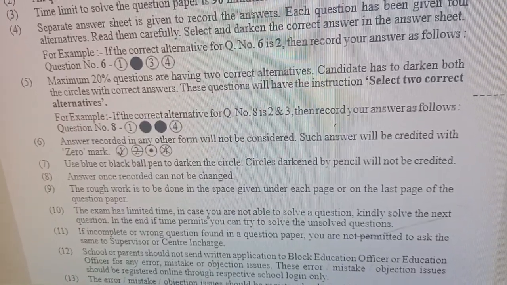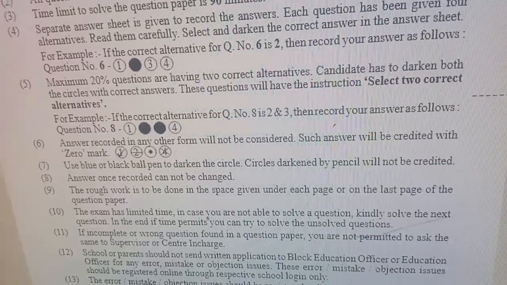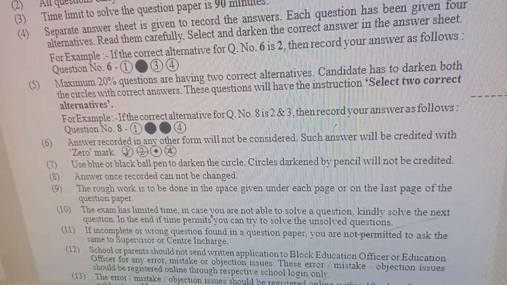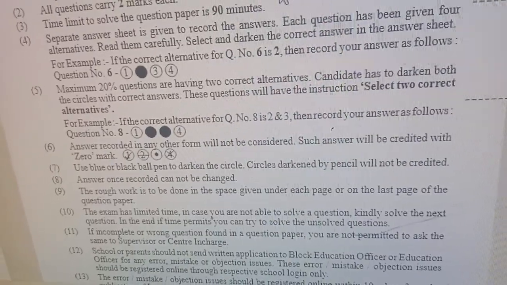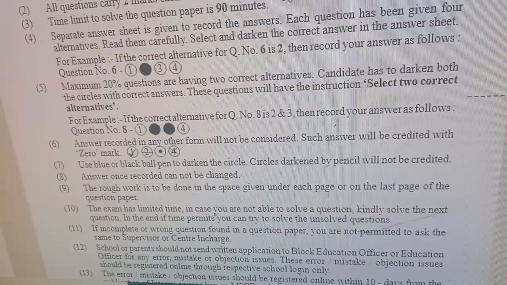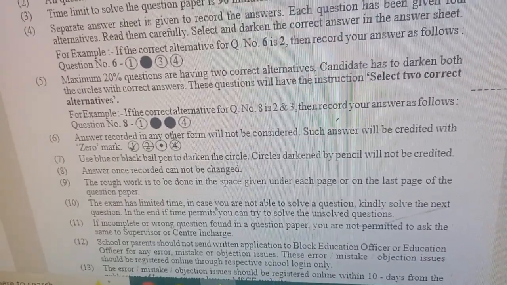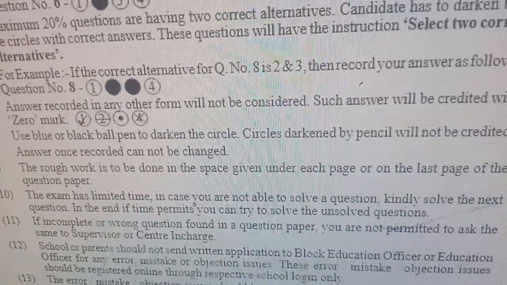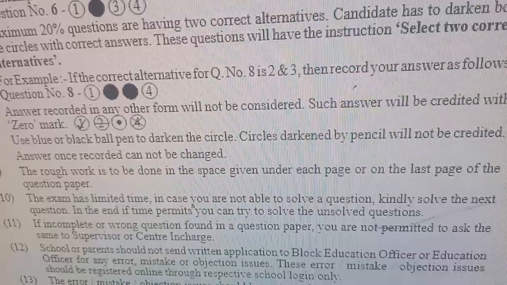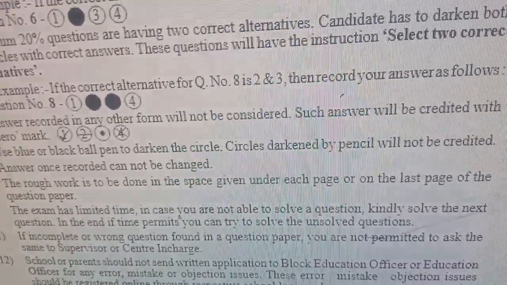The rough work is to be done in the space given under each page or on the last page of the question paper. If you want to do rough work like calculations, plus, minus or whatever, you have to do it in the space given under each page or on the last page of the question paper. The exam has limited time. In case you are not able to solve a question, kindly solve the next question. In the end, if time permits, you can try to solve those questions.